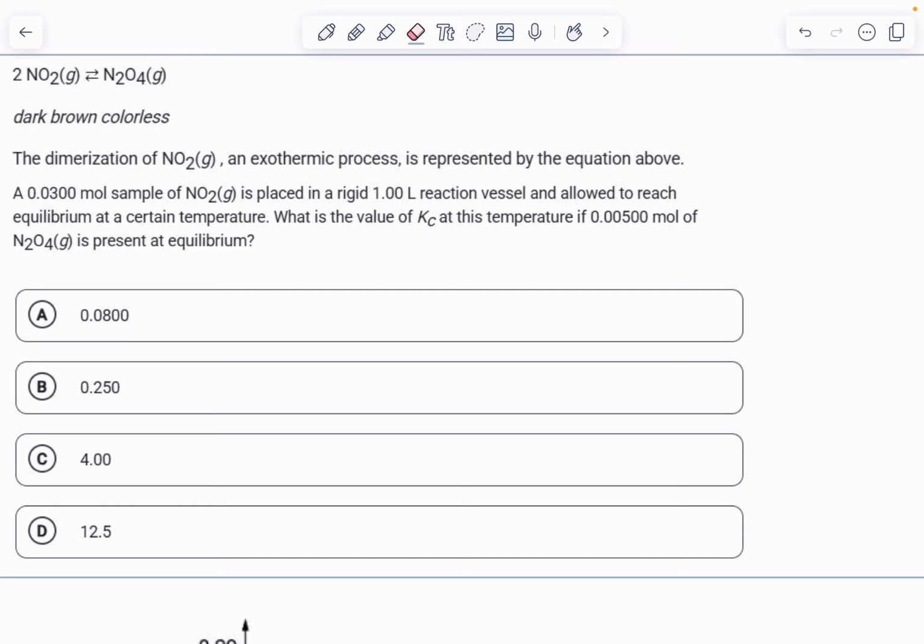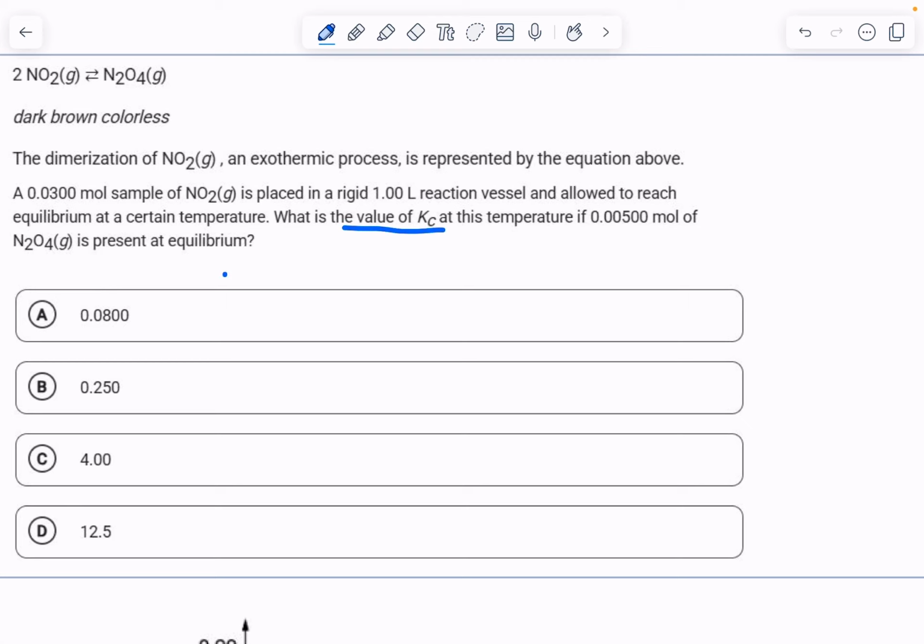Now the question says, a 0.03 mole sample of NO2 is placed in a rigid 1 liter reaction vessel and allowed to reach equilibrium at a certain temperature. What is the value of Kc at this temperature if 0.005 moles of N2O4 is present at equilibrium? So what are we looking for? We want the value of Kc.